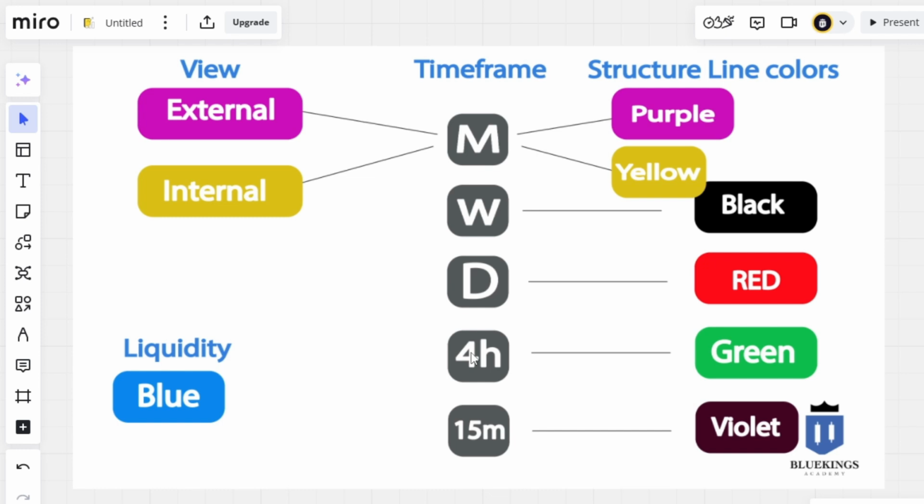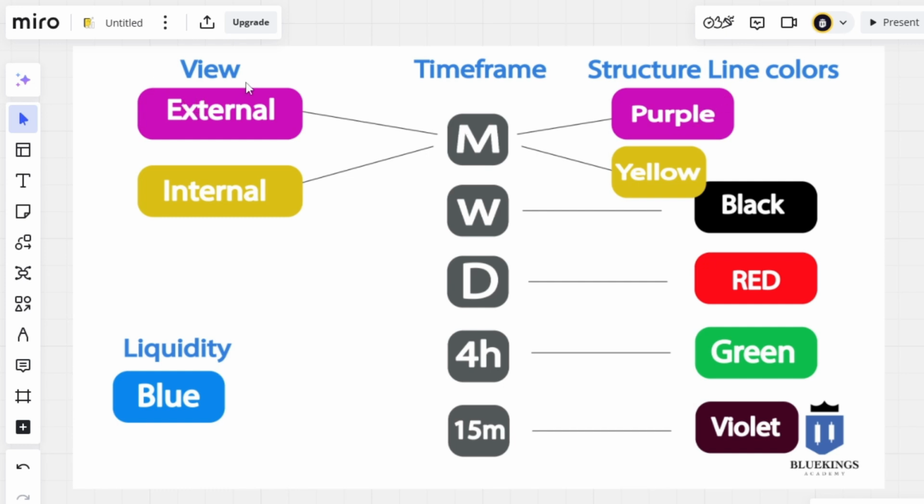Now that every time frame has its own structure, imagine you're drawing structure for all the time frames. There'll be black lines everywhere and you'll be confused. So I devised a way where the colors can be different so that you can read price and mark the structure well with different colors, and you know that this color stands for that time frame, so you will not get confused.